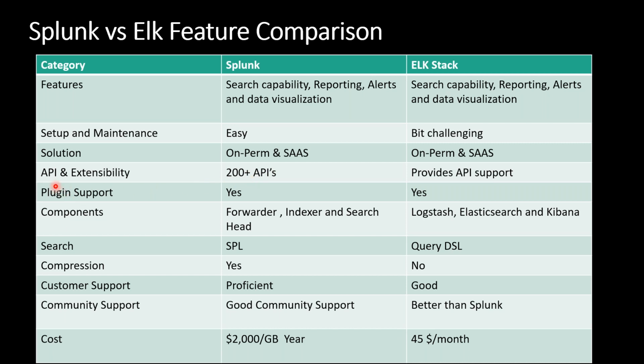When it comes to API and extensibility, Splunk has extensive APIs, around 200 plus till now, whereas Elk also supports APIs, but it is limited and not as comprehensive as Splunk. Plugin support is the major game changer here. Splunk is famous because of its add-ons.